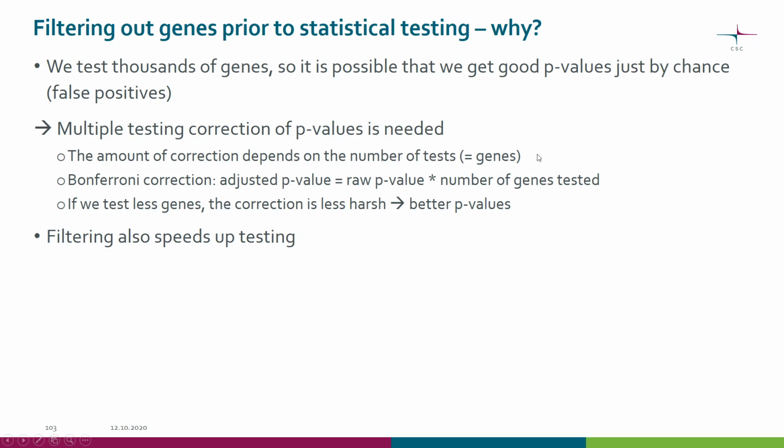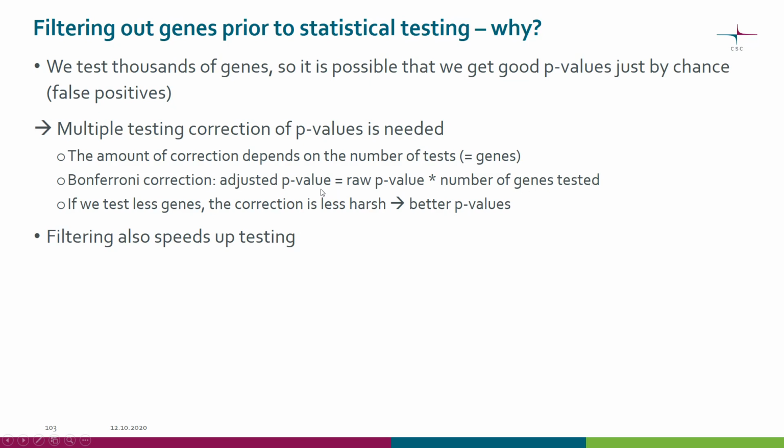In other words, the number of genes we have in our dataset. Now, in the context of single-cell RNA-seq, the scRNA uses the Bonferroni correction, where you simply multiply the raw p-value by the number of genes tested.